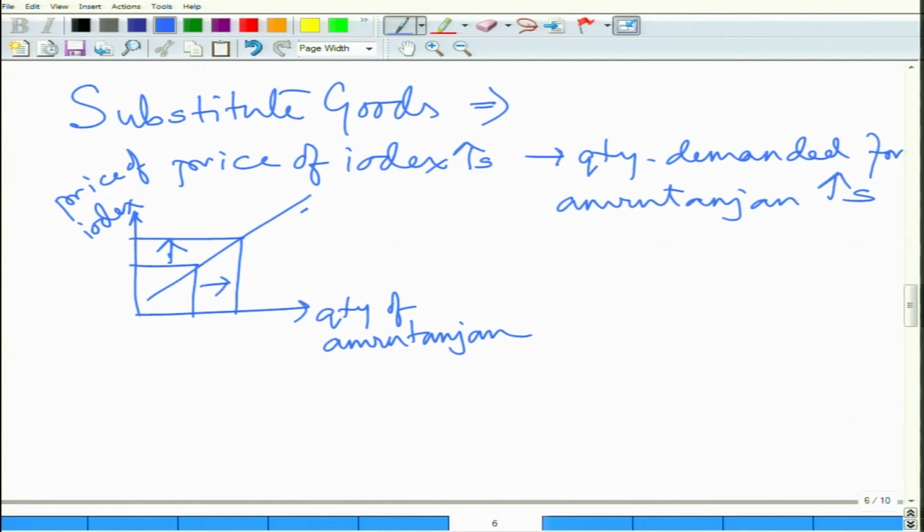An upward sloping demand curve for substitute goods, not for the same commodity. We have to remember this. So this is not an exception to the demand curve, right? Even if it shows a positively sloping demand curve, this is not an exception. This is the relationship between two commodities.